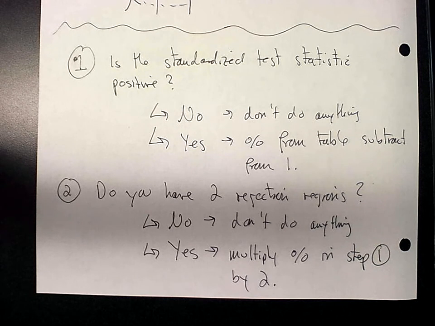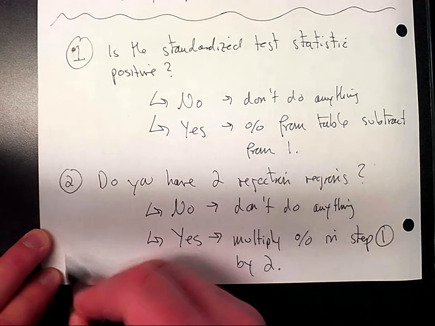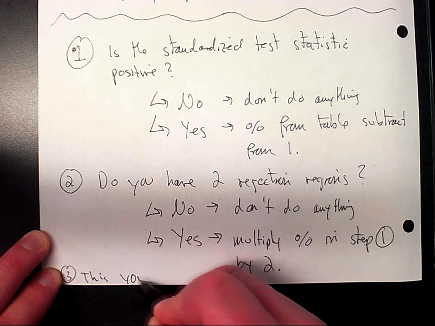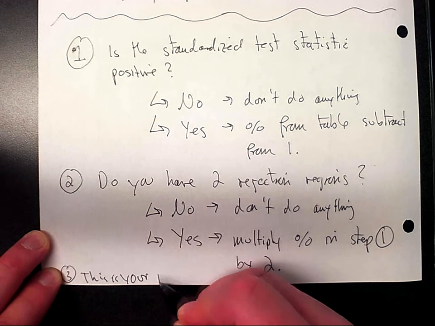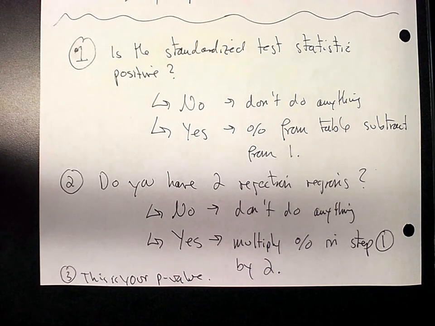And that's just what you set aside earlier. So after you do these two steps, step 3 is, this is your p-value. After you go through those two steps, then you have arrived at your p-value.